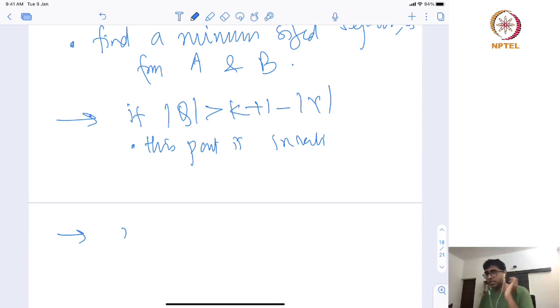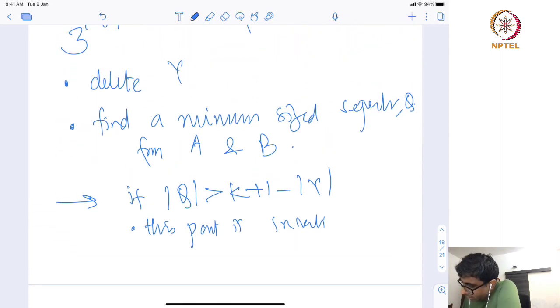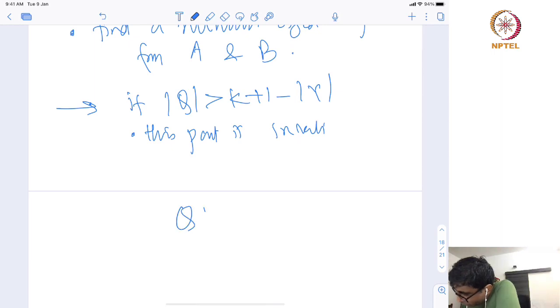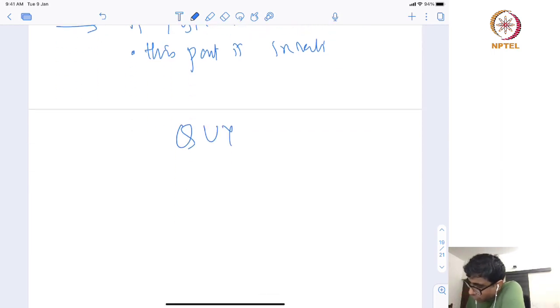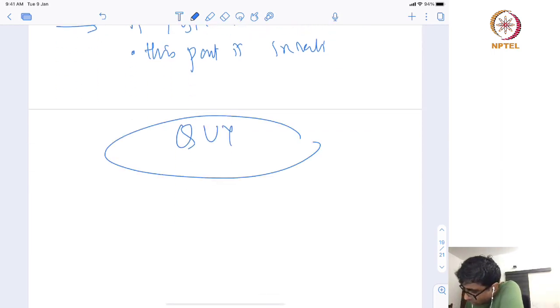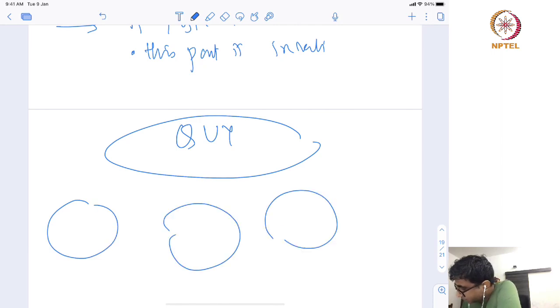Or maybe you found such a Q. Then you are done. What is the property of Q union Y? If you delete Q union Y, look at any connected component.